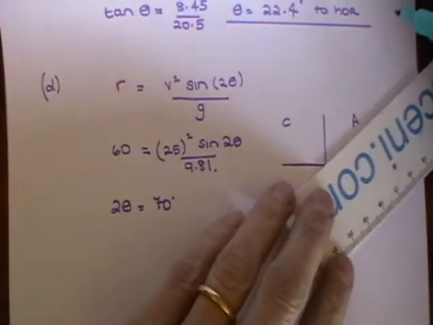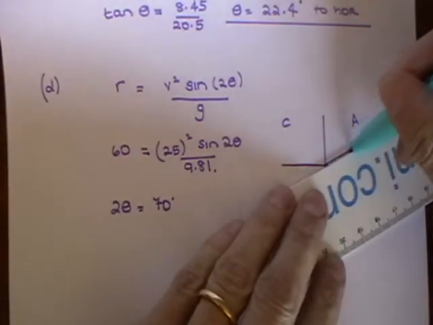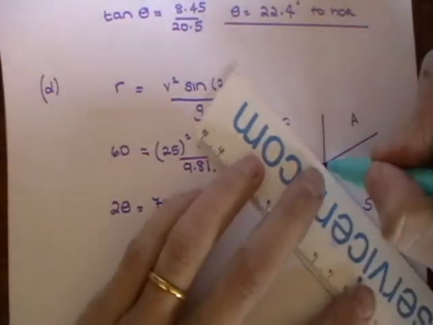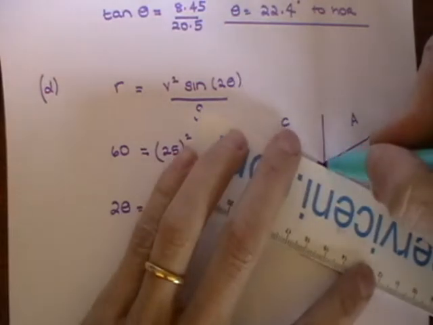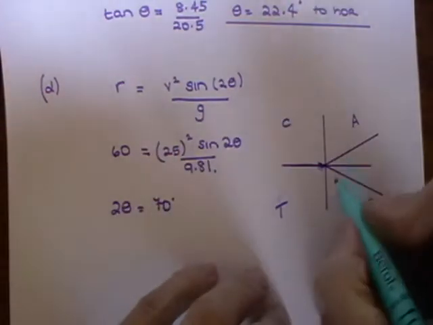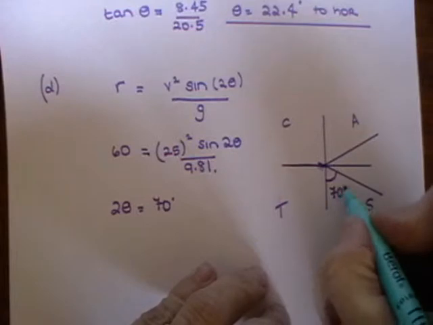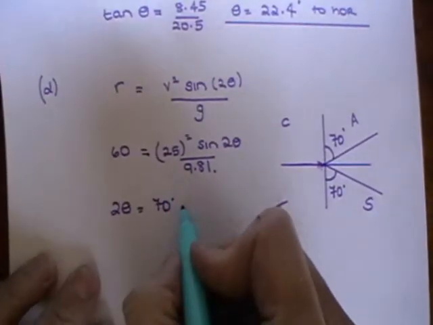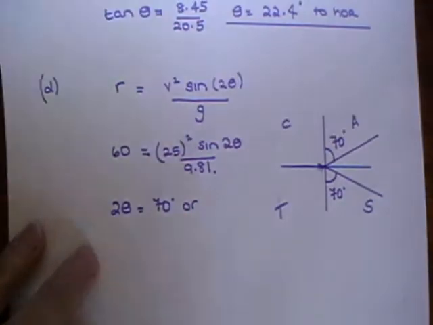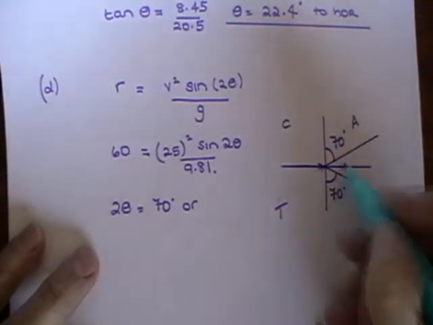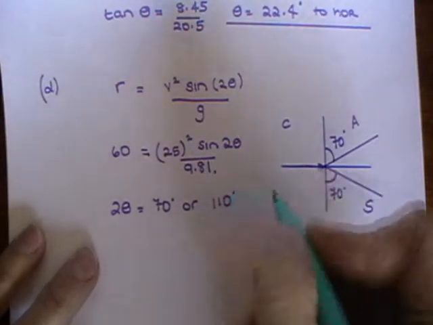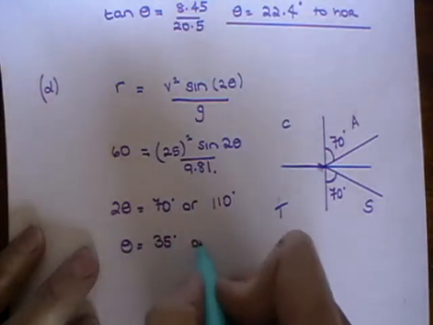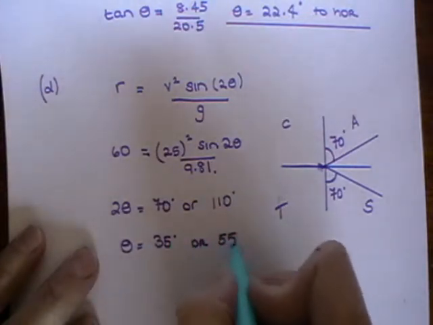So if we have our 2 theta is equal to 70 degrees there, we could also have a value in this quadrant which will give us a positive value, provided this angle here is also 70 degrees. So that means that 2 theta is 70 degrees, or 180 minus 70, which is 110. And therefore theta could either be 35 degrees or 55 degrees.